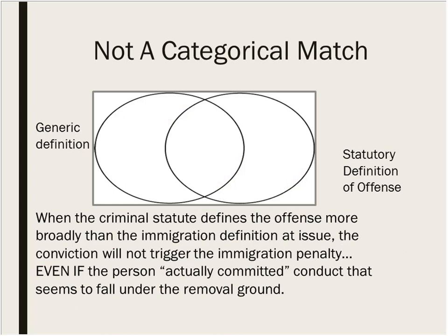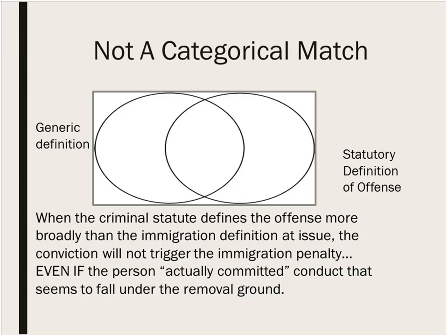Okay, this is a classic little picture. And sometimes it's not a match because your client's conviction has some conduct that falls within the removal ground and some conduct that does not. So, for example, your client may have a drug conviction, but it doesn't say it's a cocaine conviction, right? It covers all kinds of drugs. Some drugs that are federally controlled and thus are a match for a federal controlled substance offense, and some weird drugs that are only illegal in your state.